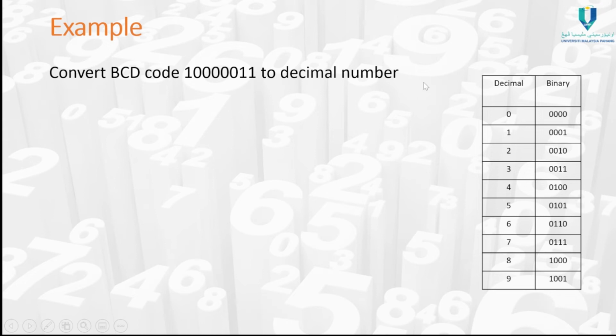First, divide the binary number into groups of 4 bits, starting from the least significant bit. Then we look at this table. 0011 is 3, and 1000 is number 8.